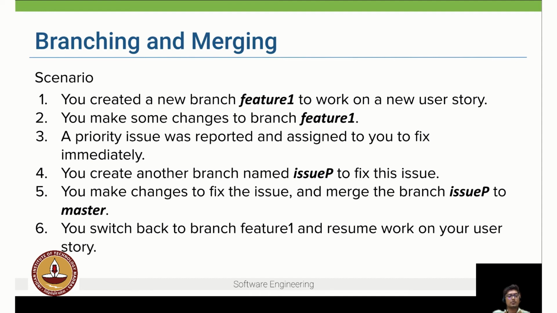So you will create another branch named issue p, say, to fix this issue. You make changes to fix the issue and you merge the branch issue p to master. So the issue is fixed, but whatever you were working on, those changes are in the branch feature 1. You again switch back to branch feature 1 and resume your work on the user story.